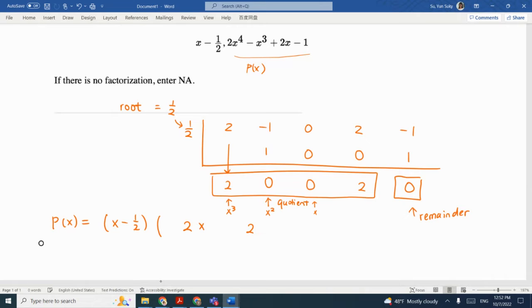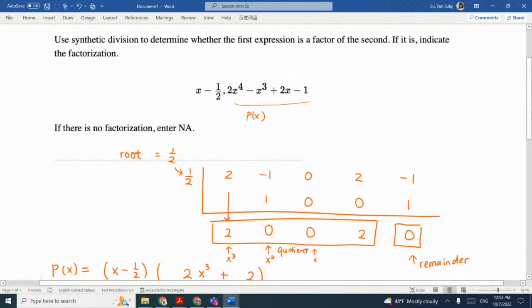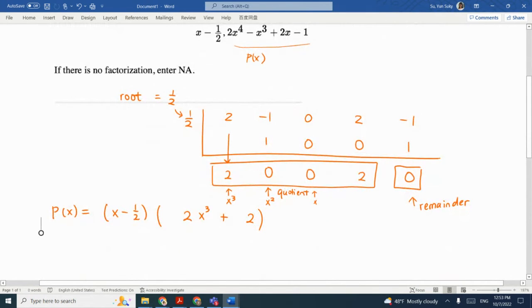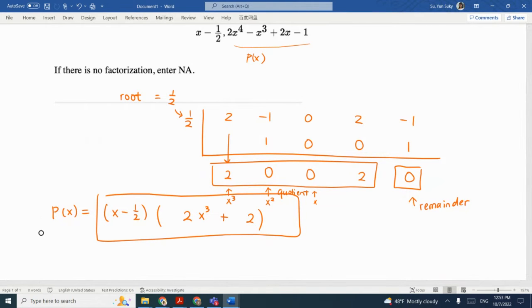Therefore, we have 2x cubed plus 2. Okay, everybody? So this is the factorization. The problem says if yes, indicate the factorization, so you can type this into the box. This is the solution of this problem.